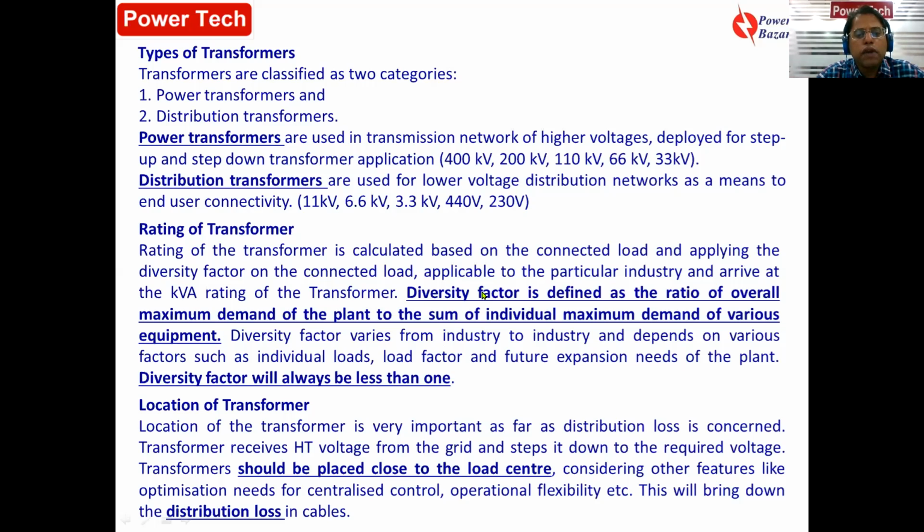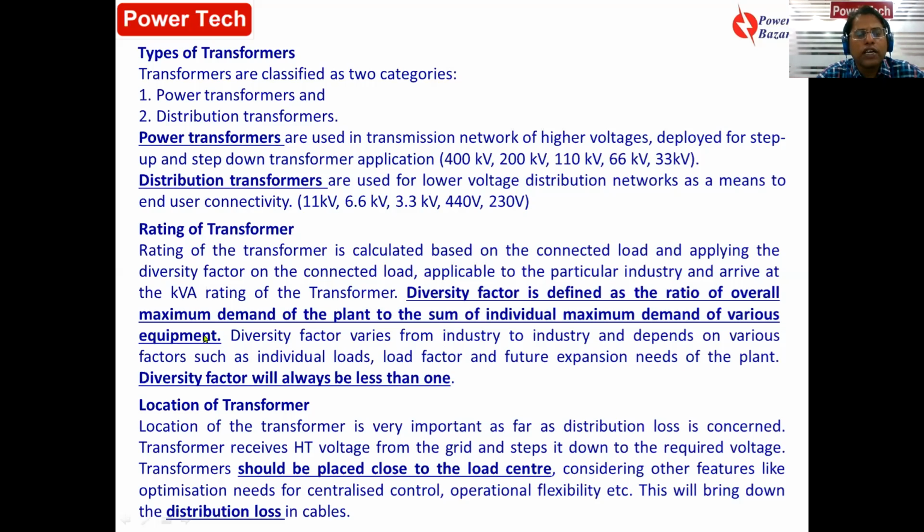Now, what is diversity factor? Diversity factor is defined as the ratio of the sum of individual maximum demands of various equipment to the overall maximum demand of the plant. Assume there are 10 motors, each having a different rating, 10 kilowatt, 15 kilowatt. If I add all the maximum demands of each motor, let us say the figure comes to 80 kilowatt. But all the motors do not run at the same time. Some motors operate at lower load, some at higher load.